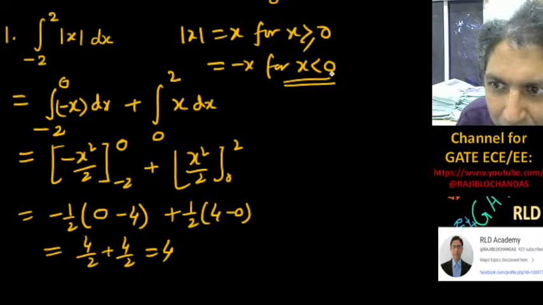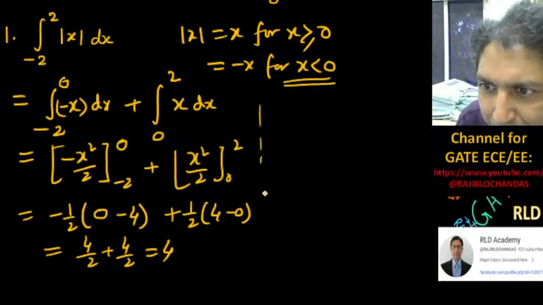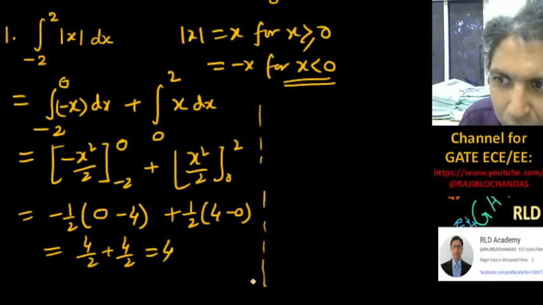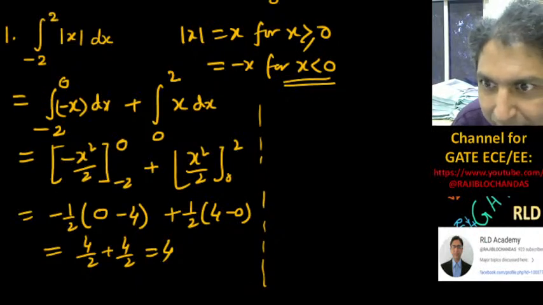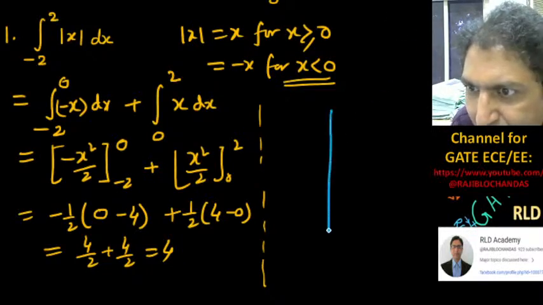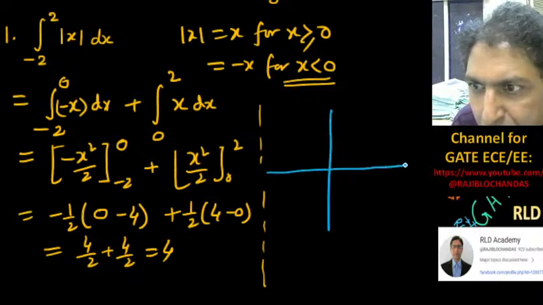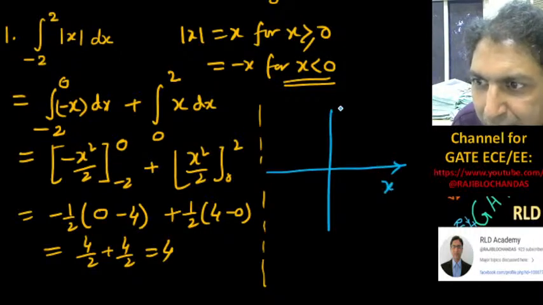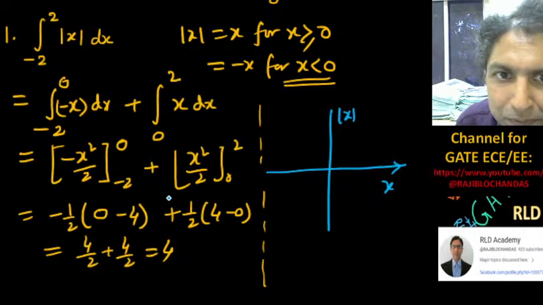So I can solve this problem graphically very quickly. How to solve this problem graphically? Okay, so what I'll do, I'll draw this graph. This is your x, this is your mod x.